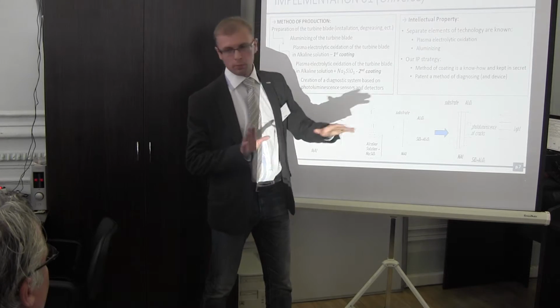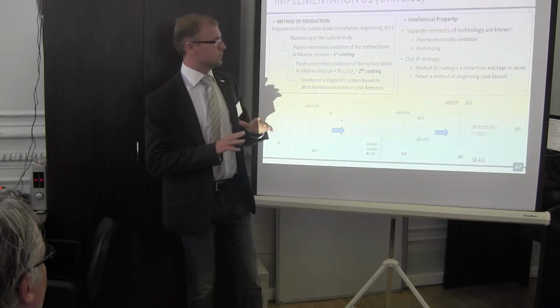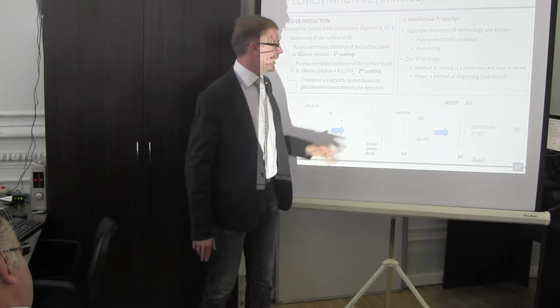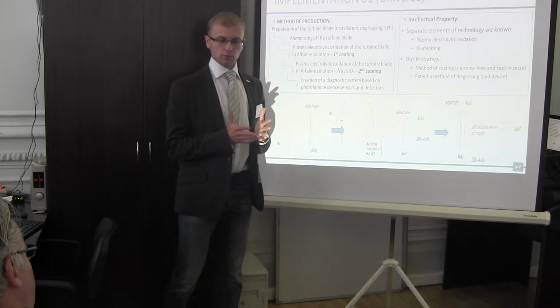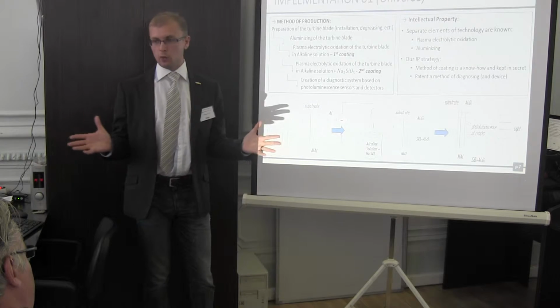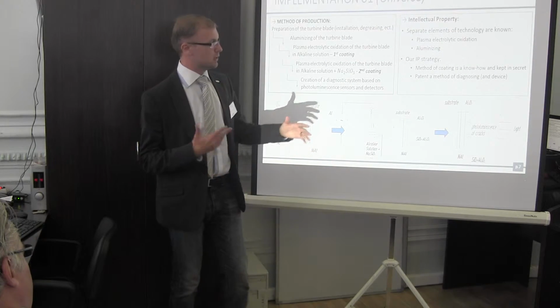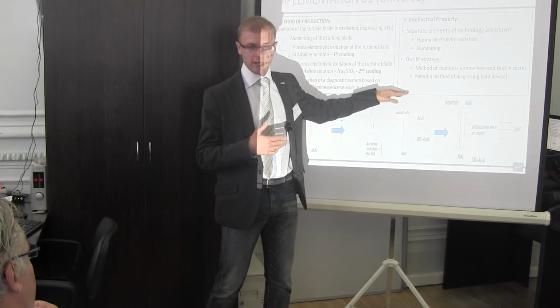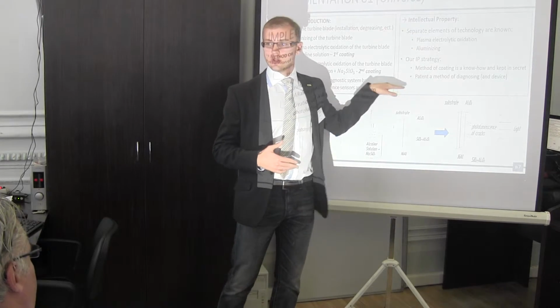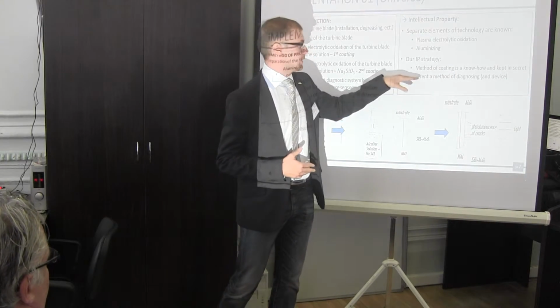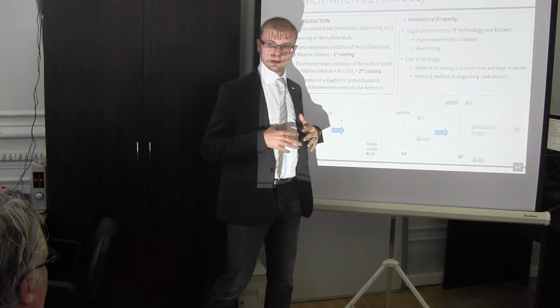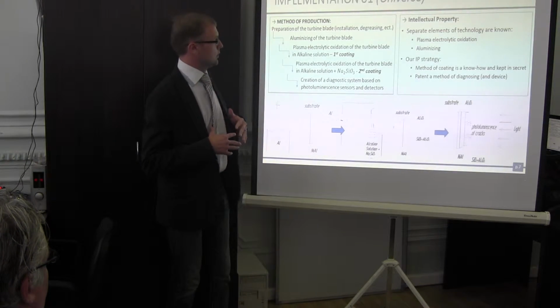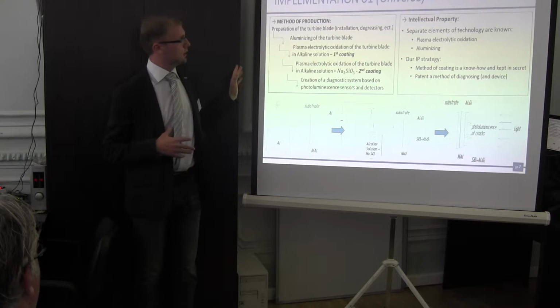The method of coating we propose to keep as a know-how, and patent the method of diagnosis. So we will need to say something to the world about how we're doing this. We suppose that we will do it by saying how we do it, but actually, technically, how we do it within our business. So this is the first pillar.